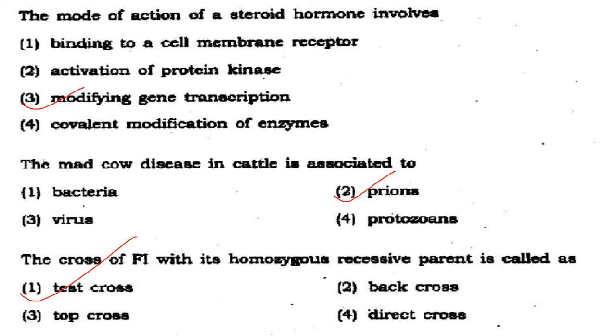The mad cow disease in cattle is associated to bacteria, prions, virus, protozoans. Answer is option 2, prions. The cross of F1 with its homozygous recessive parent is called as test cross, back cross, top cross, direct cross. Answer is test cross.